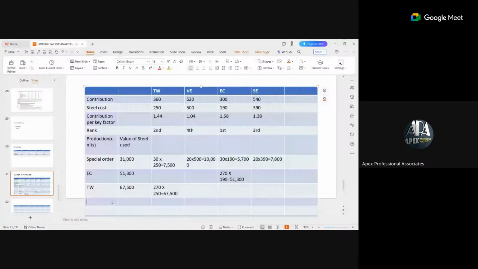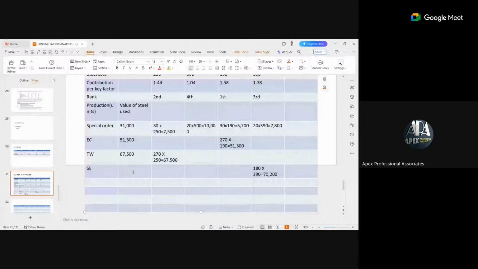Giving 20 to the special customer, we are left with what? 180. Multiplied by what? 390. We have it as what? 70,200. Let's bring it here.